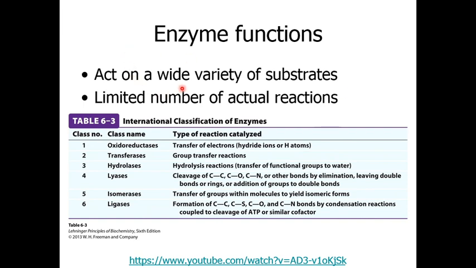Enzymes act on a wide variety of substrates, but there are only a limited number of actual reactions, and you can generalize these reactions as shown in table 6.3. There are 6 different types of common enzymatic reactions.